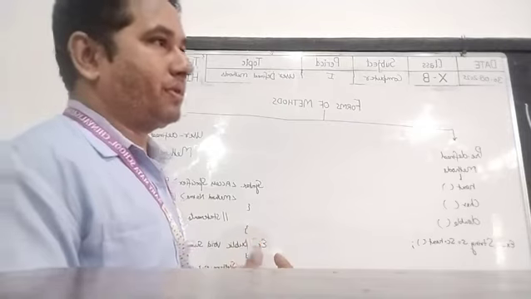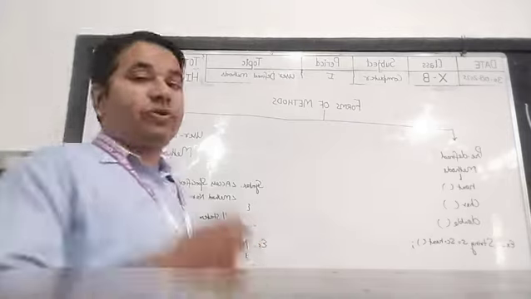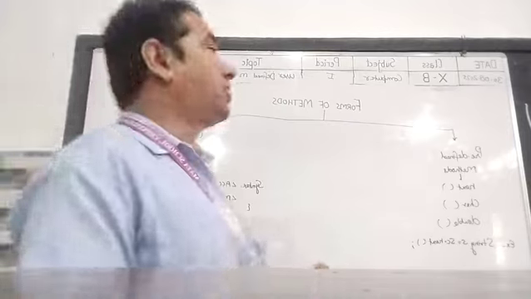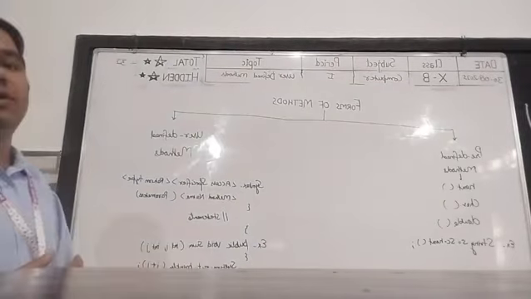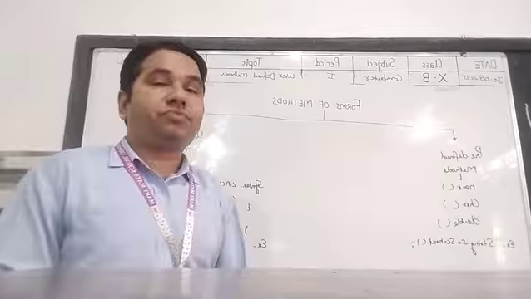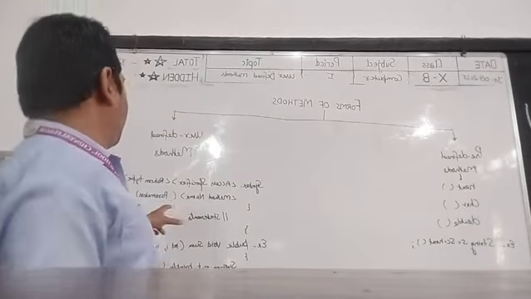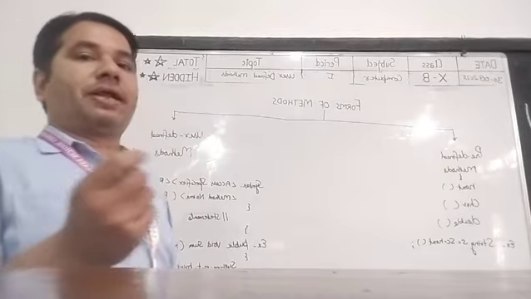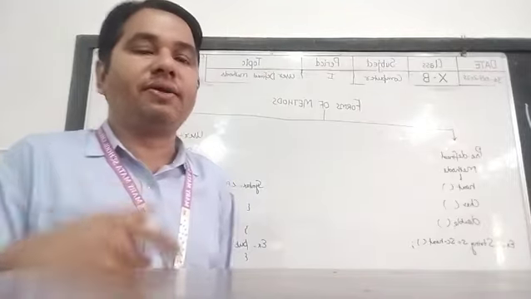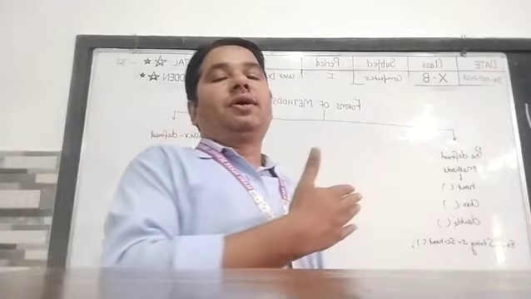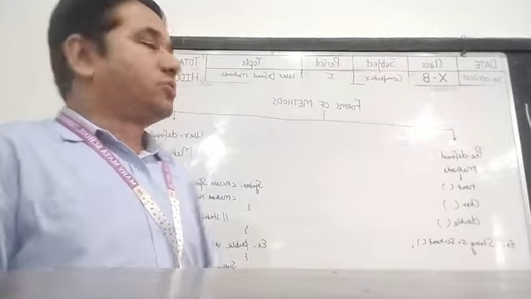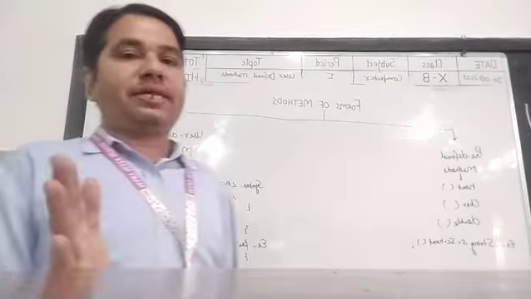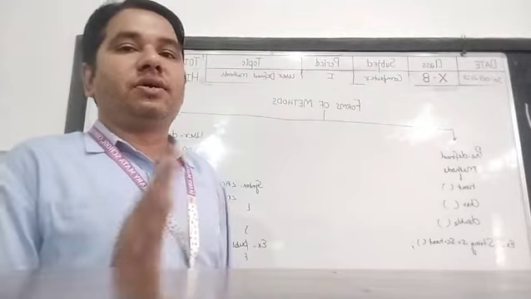Then the third one, method name, which is based on the user defined method, the main thing. Then parameters are the values or variables that are passed into a method. Parameters are the variables that are passed into the methods.